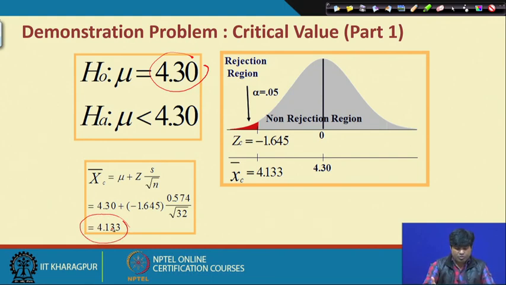Similarly, you can go for the other side. The other side will be a different structure, that means it is mu plus minus. The plus side will go to the right side, that is the upper bound, and mu minus z sigma by root n will be coming on the left side. As a result you will find a confidence interval.